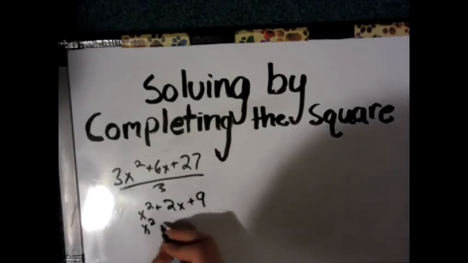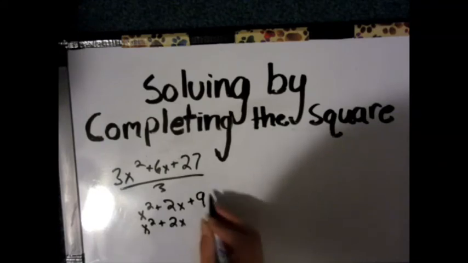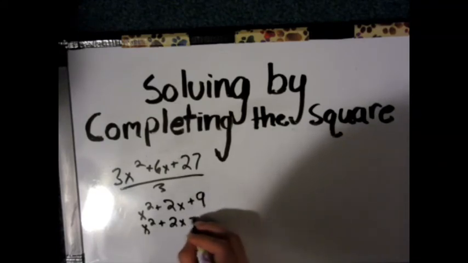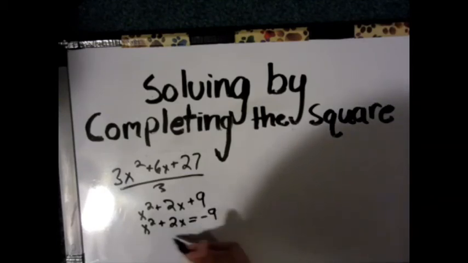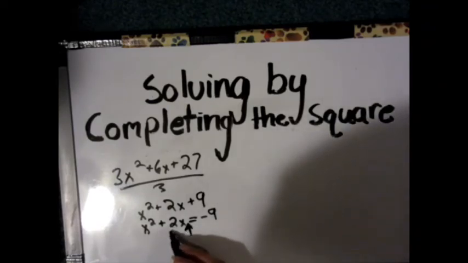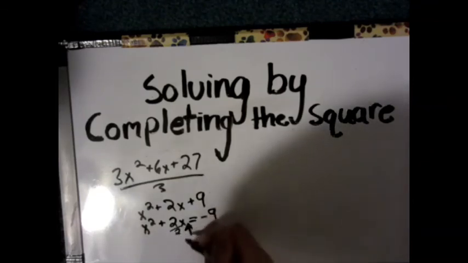So again, you're going to want to move that last term over to the other side of the equal sign. And you're going to want to find what number you're going to put into there. Okay. So 2 divided by 2 is 1, and 1 squared is 1.